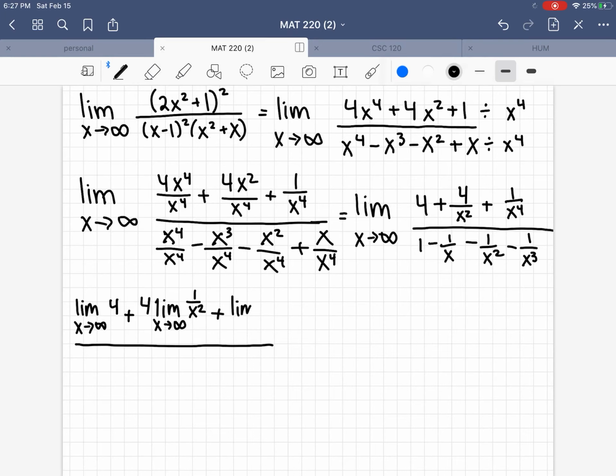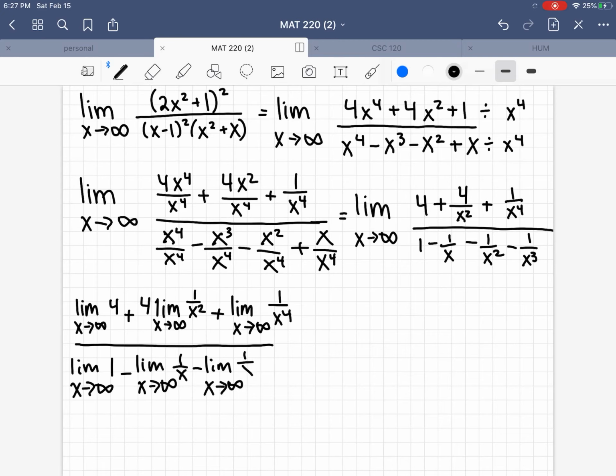And then our last one, we add the limit as x approaches infinity of 1 over x to the fourth. And then on the bottom, we have the limit as x approaches infinity of 1 minus the limit as x approaches infinity of 1 over x minus the limit as x approaches infinity of 1 over x squared.